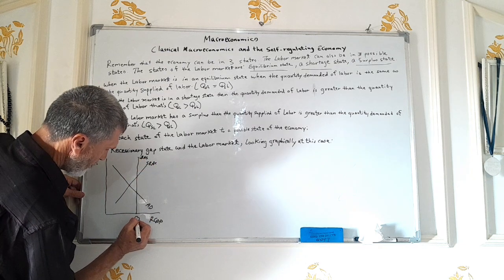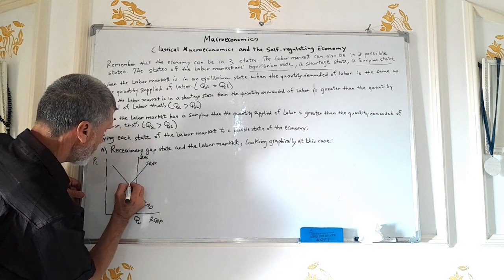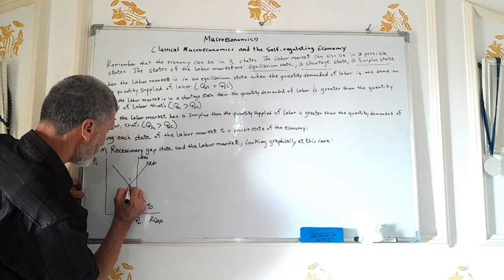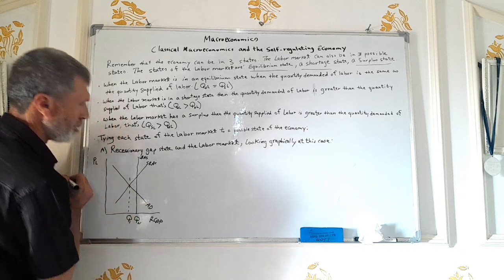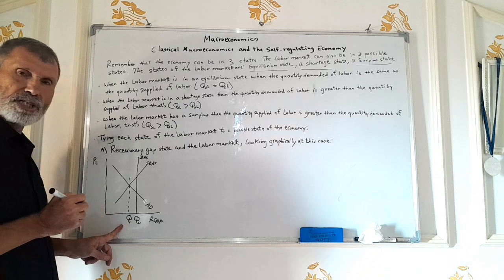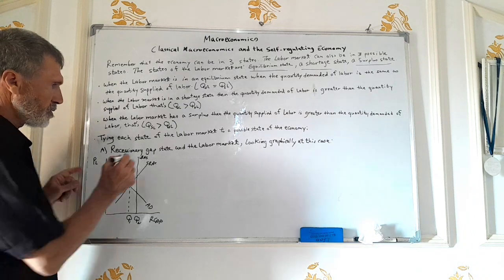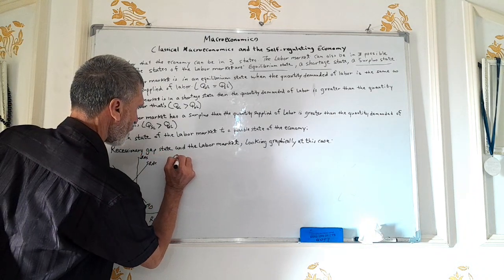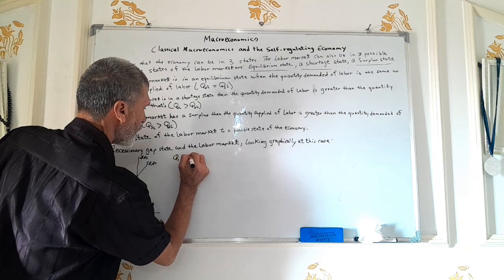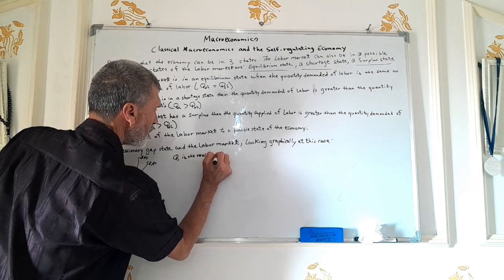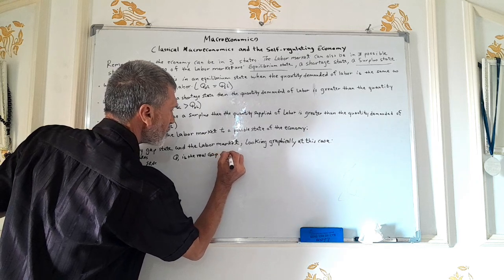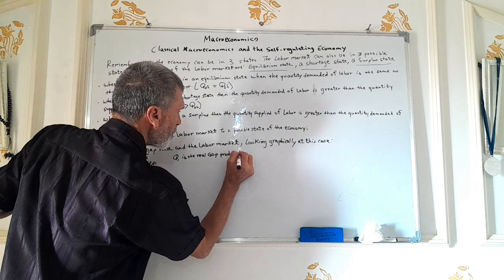This is QN. And this here is Q1. Q1 is the real GDP produced in the economy.